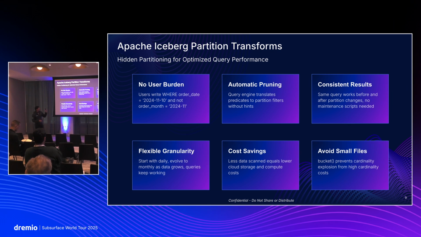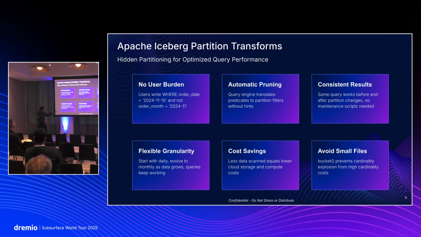It's automatic pruning: the backend column is a timestamp, but you are giving a date column in the order date, and Iceberg will figure it out and prune it. The same query works before and after partition changes. You don't have to have any maintenance scripts, and you don't have to drop and recreate tables.